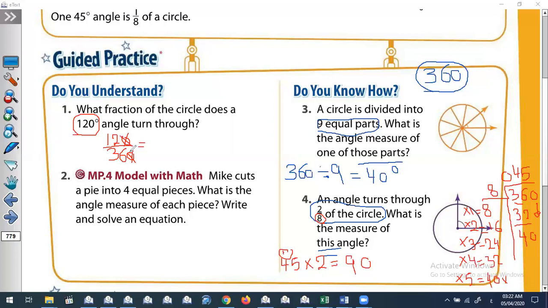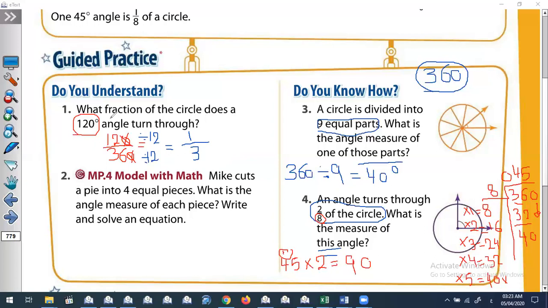So divide 12 by 12, and also 36 by 12. 12 divided by 12 is 1. 36 divided by 12 is 3, because 3 times 12 is 36. So the fraction is 1 over 3.